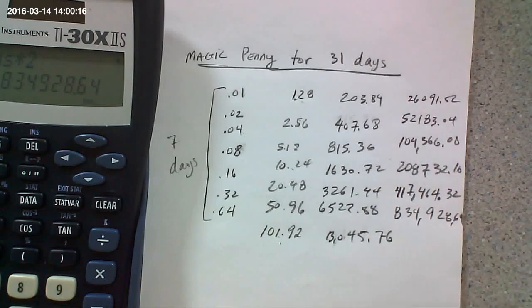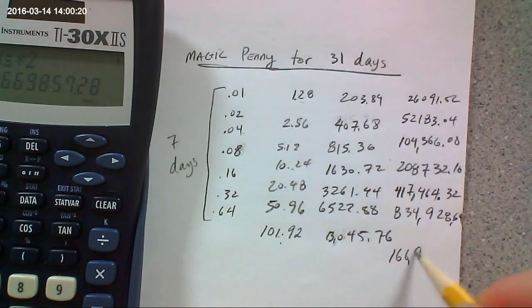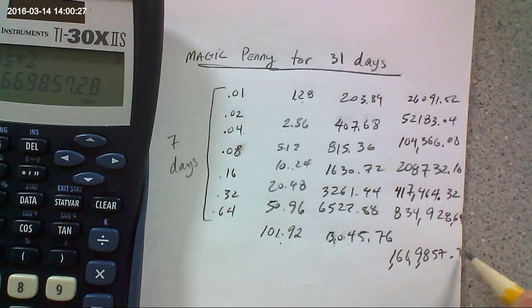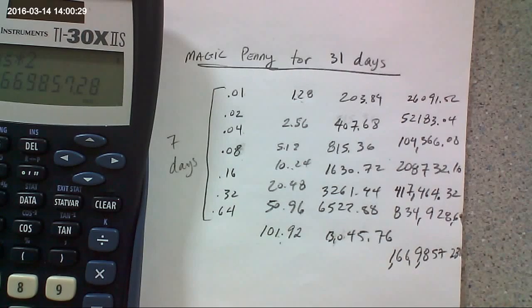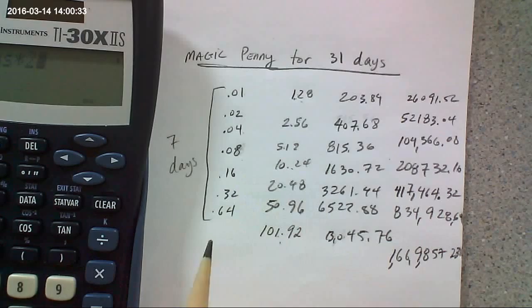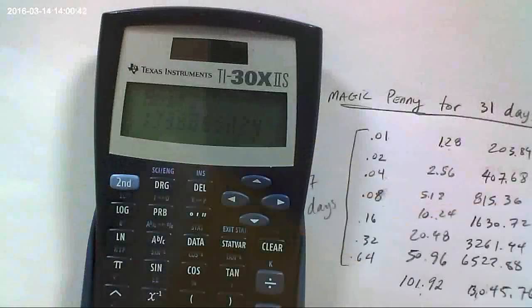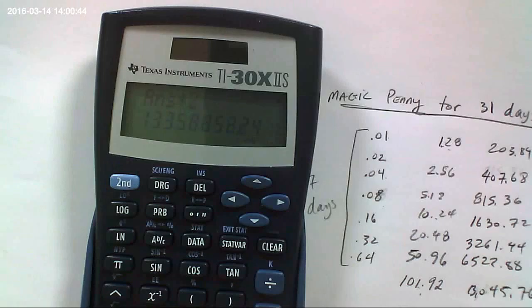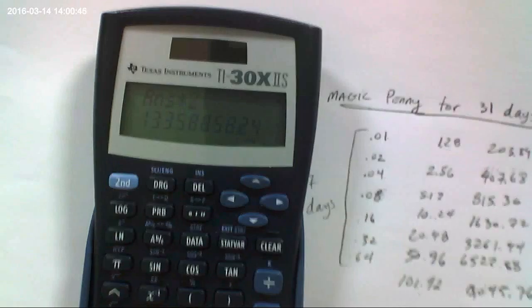Look at that, on the 28th day, 1.6 million. Then the 29th day, the 30th day, and the 31st day. $13 million.